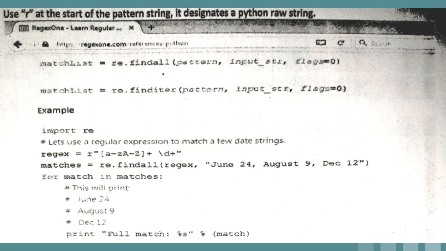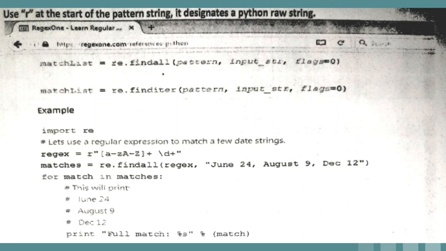Regex equal to r within double quotes. Our expression is, first within a square bracket, we have provided small a to z and capital A to Z. The meaning of this is the string should start with characters, and these characters can be between a to z. After the square bracket we have plus, which means after the set of characters we can have more characters.